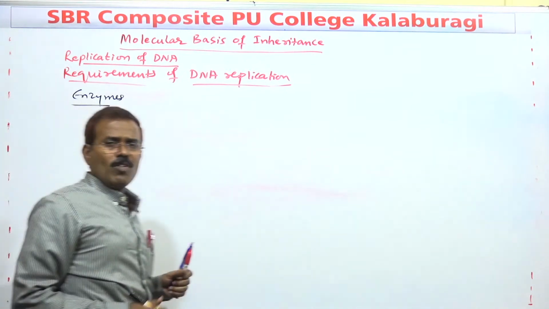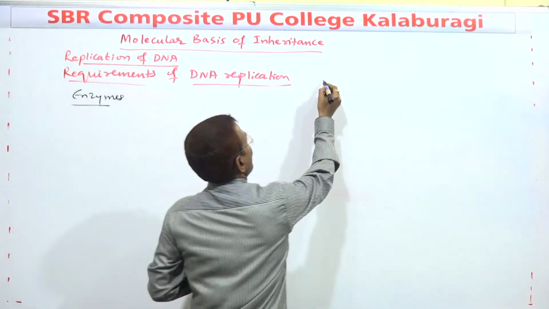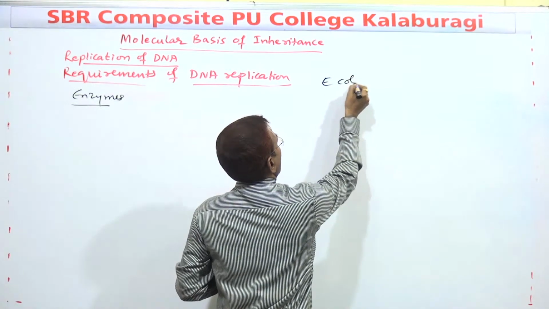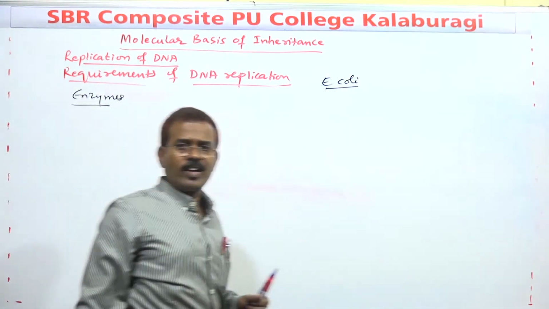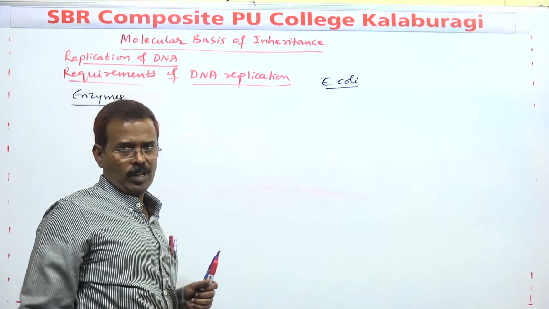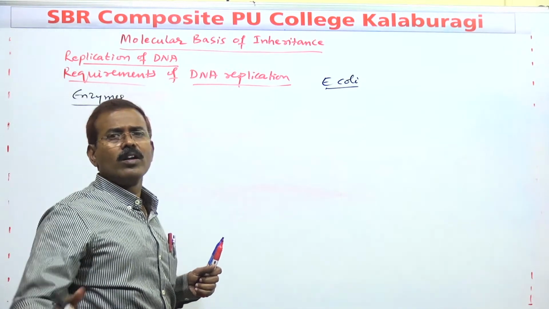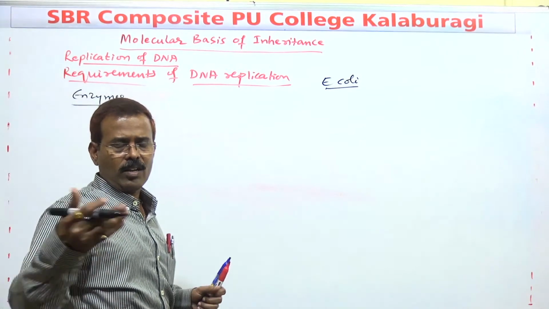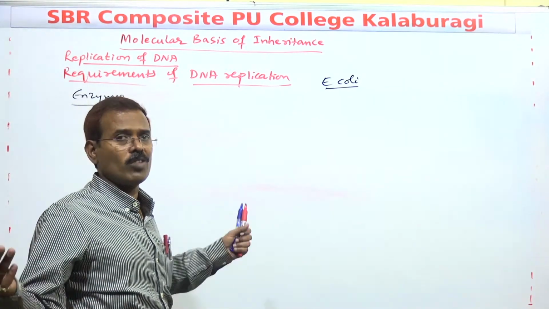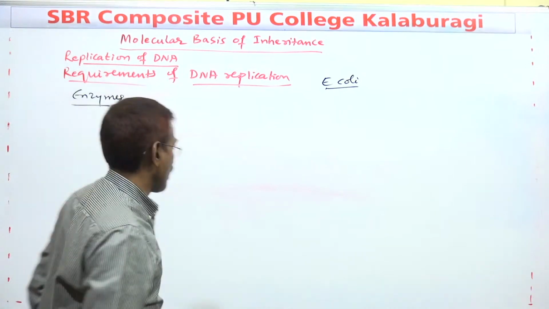See, the mechanism of replication has been investigated in E. coli, Escherichia coli, a prokaryotic cell. Later on, it was investigated in eukaryotic cells, higher organisms like plants and also in human cells.